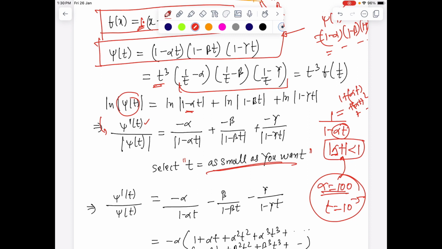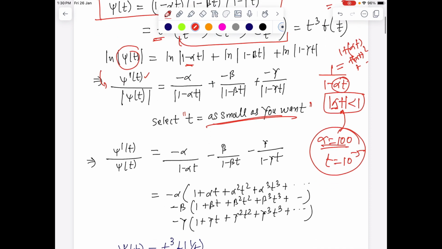No more would I be allowed to use the GP. So cosmetically I want to use the GP. That's why I can always make t as small as possible. So with this motivation, psi dash by psi is minus alpha by 1 minus alpha t, and because this quantity is too small, it is definitely smaller than 1, so the mod can simply be taken out.